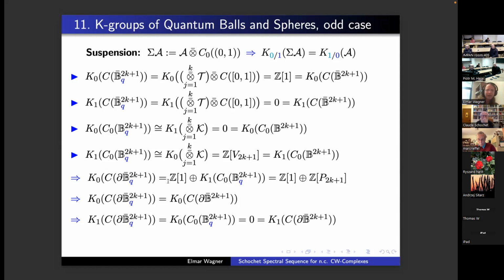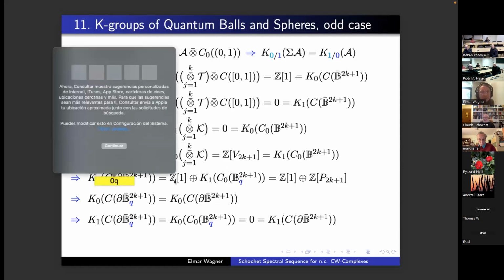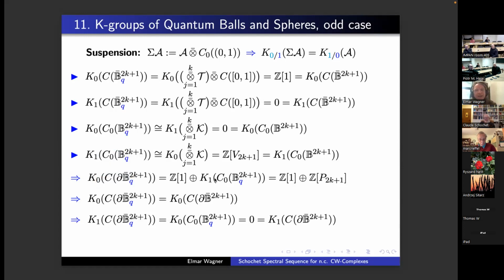So that's, well, now I remember what I'm doing here. It's one copy of Z, that is clear, and the K1 comes from the 6-term exact sequence. If I go down the 6-term sequence, I get some isomorphism with K1. So the generator of K1 of these open balls produces, in the connecting homomorphism, that one.